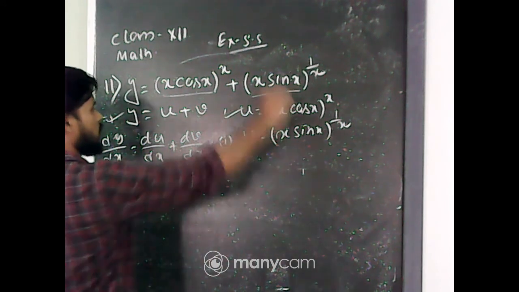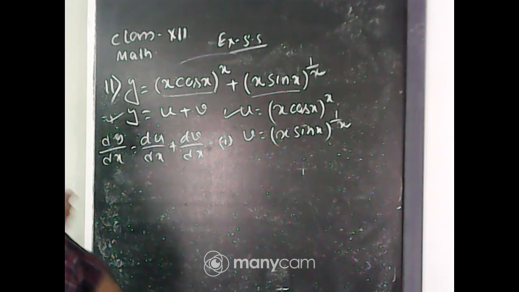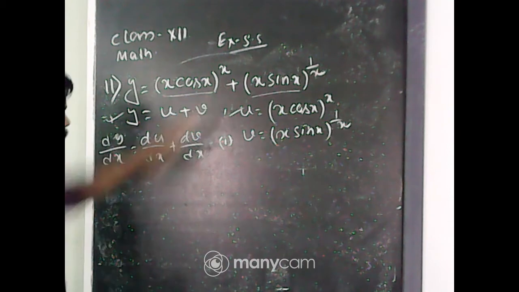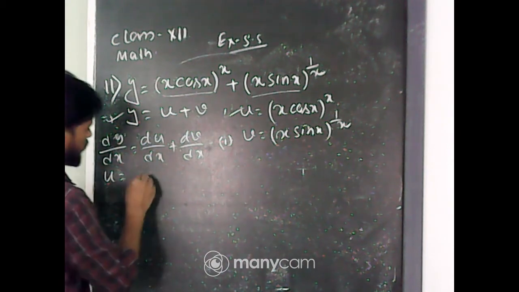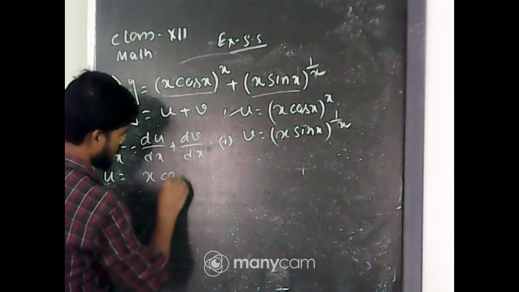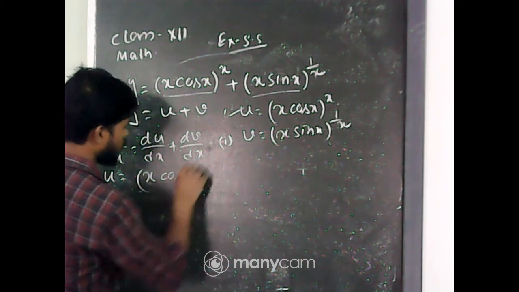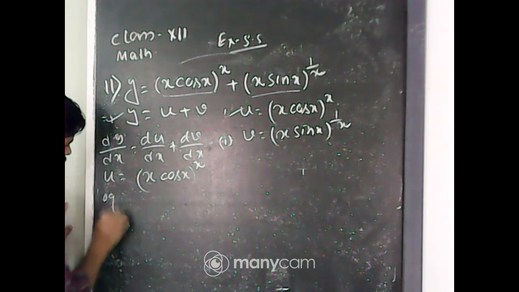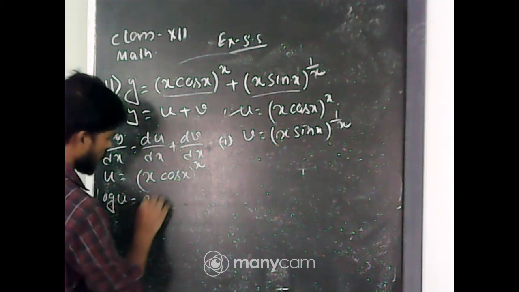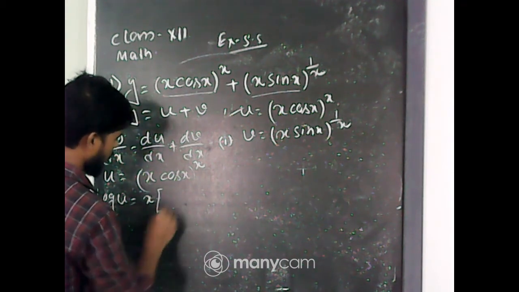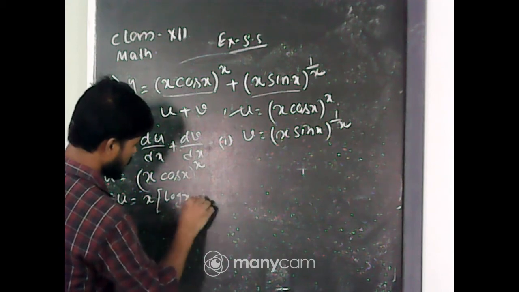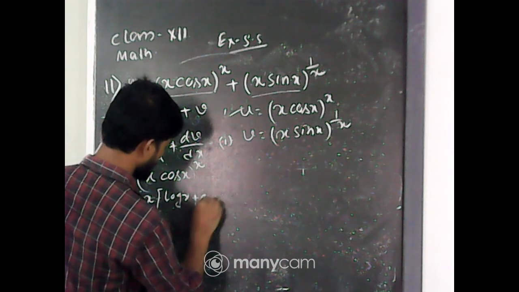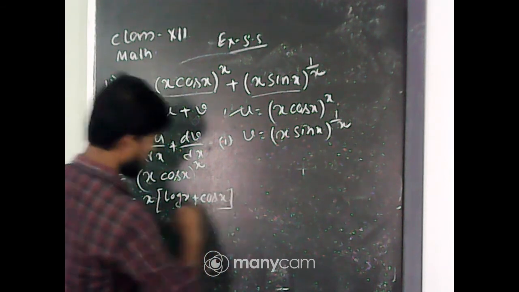Now from this we'll calculate the value of du/dx, and from this we'll calculate the value of dv/dx. So we are starting from u. u equals (x cos x) whole to the power x. Now first take log. Taking log, we have log u is equal to x into log of (x cos x).